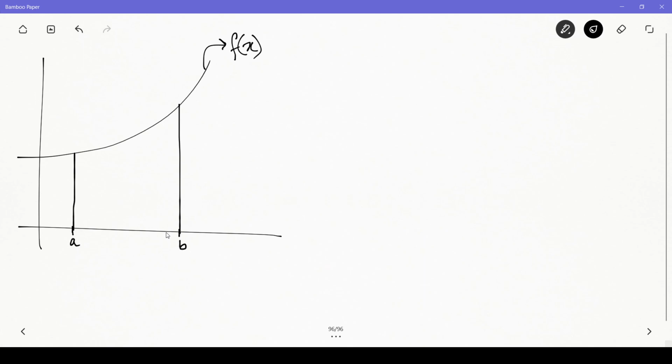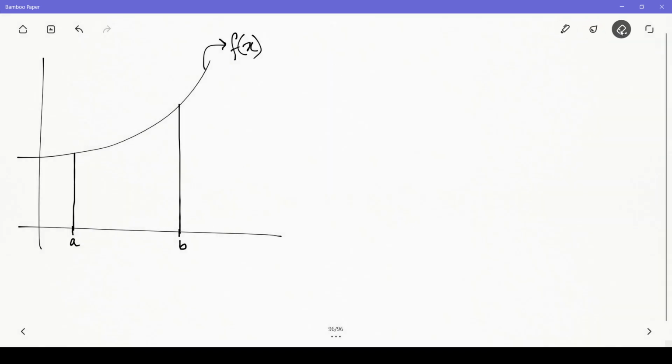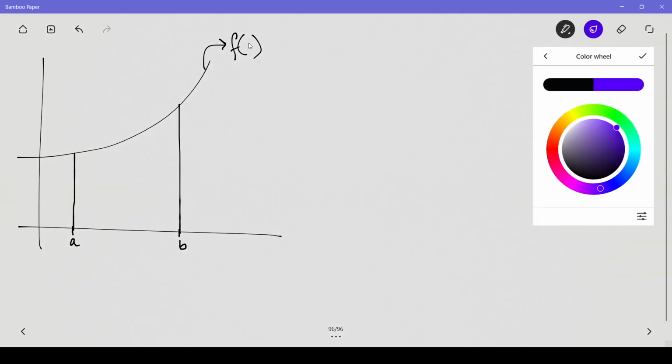Now that we know the lower and upper limits, what does the first fundamental theorem dictate? To avoid confusion, instead of x let's denote the variable using t.